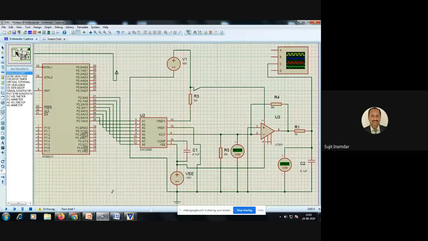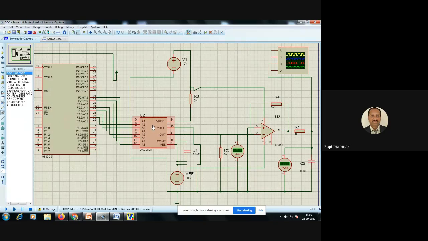So just now see what this diagram is, because it looks like a very big and complicated diagram, but it is required. A few of the components are not required, but still I have included them for more clarification in this diagram. So what are the mandatory components in this diagram? This 8051.